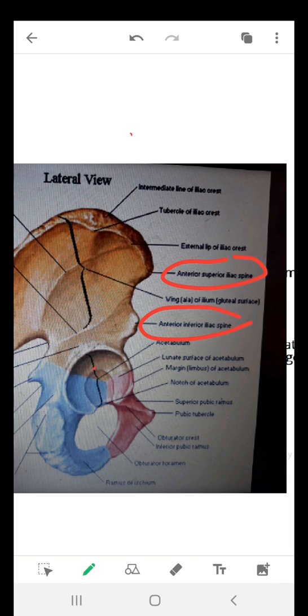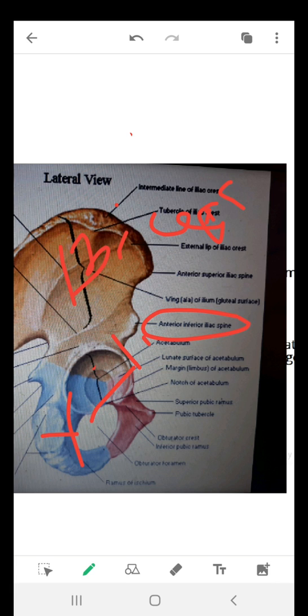What is the function of the anterior inferior iliac spine? It serves for the attachment of the biceps femoris muscle and what we call the Y ligament of Bigelow. Sorry, my handwriting is very bad.